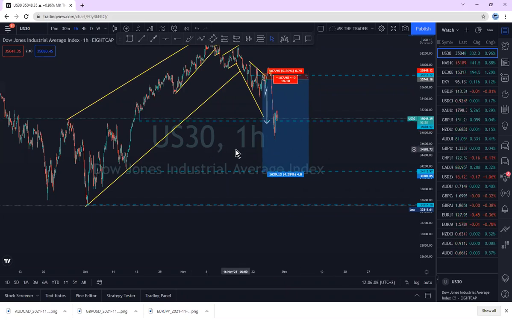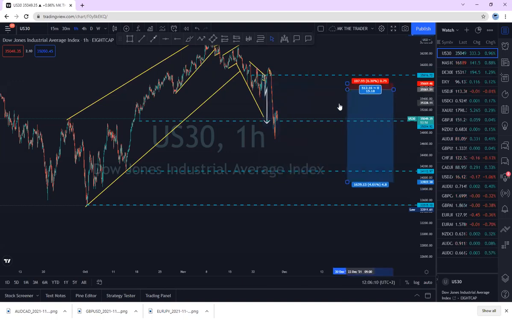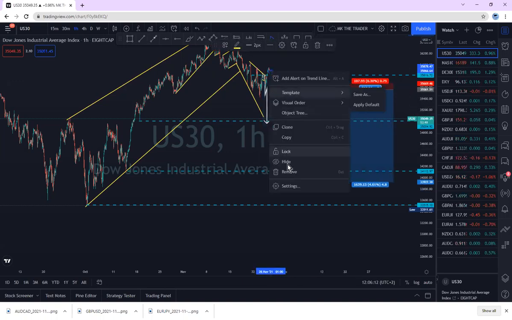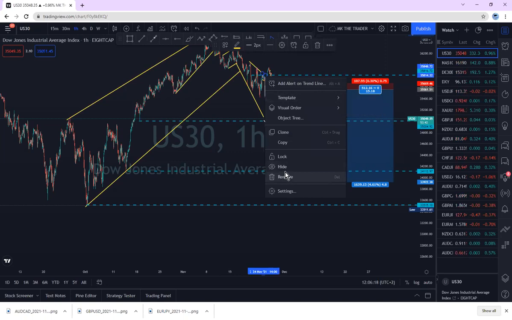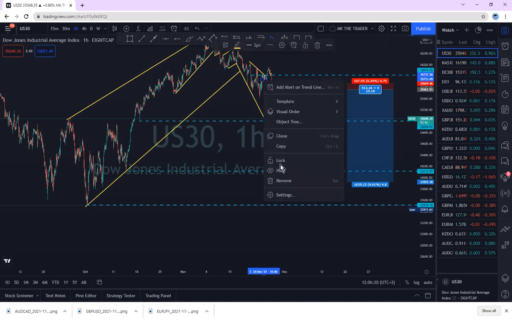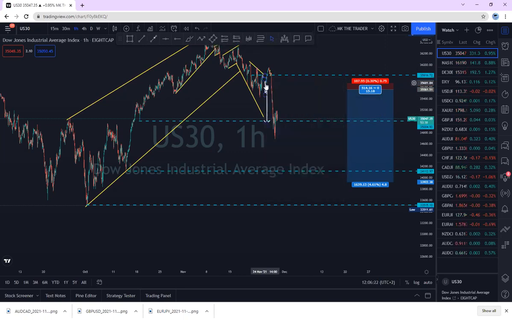So the best thing is to wait for a setup. Because I just noticed that there are a lot of traders who are just trading. They just place trade. They don't even know what they are doing. They make money out of luck, and this is not all about luck. It's about analyzing, doing the right thing, executing at the right time.